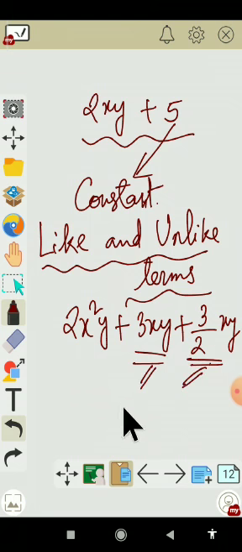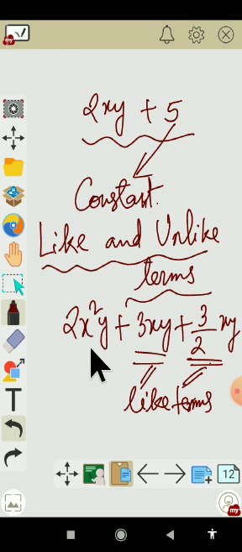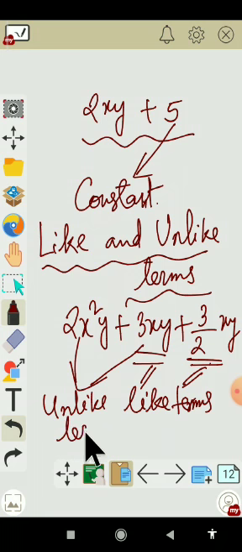These are like terms. Again 2x square y and this one are unlike terms.